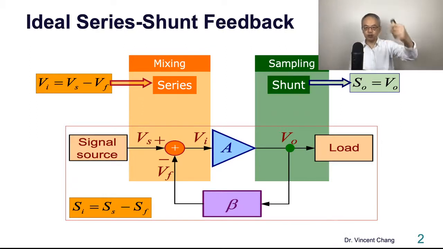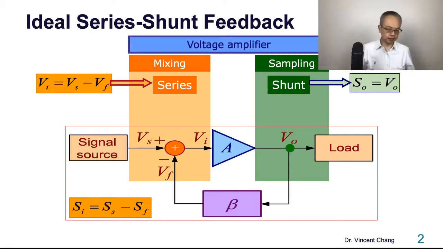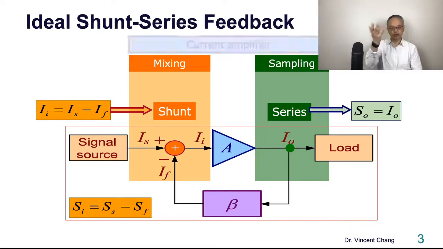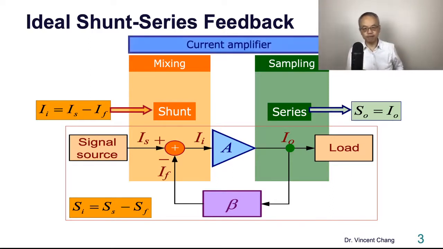So ideally, let's quickly review all the feedback topologies. The first one, the ideal series mixing, shunt sampling. What amplifier is associated with this? It's the voltage amplifier. The second one, the shunt-series feedback, so it's current mixing and current sampling. So current amplifier.